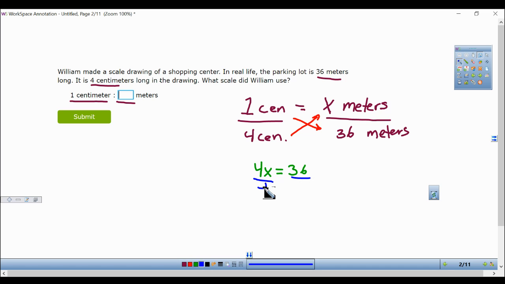So we're going to divide by 4. 4 divided by 4 gives us 1. So we're going to have just x by itself, or 1x, but we do not write the 1. Since we divided 4 on one side, we have to do the same thing to the other side. And 36 divided by 4, you can check your calculators. 36 divided by 4 is 9.